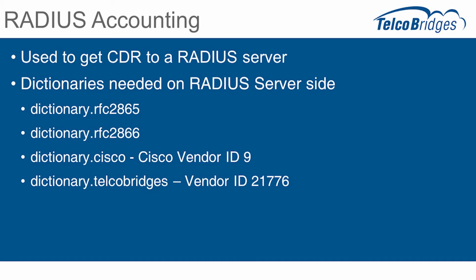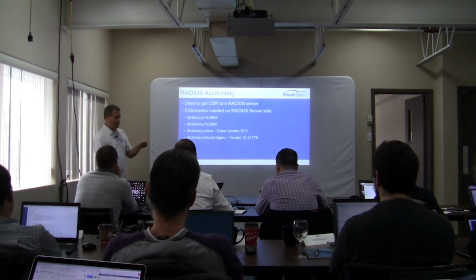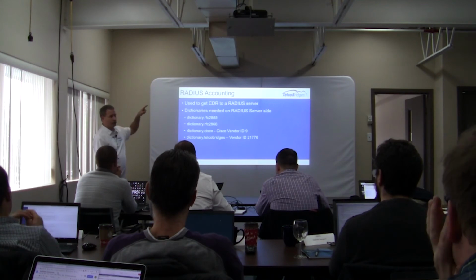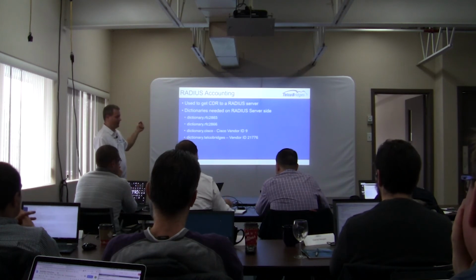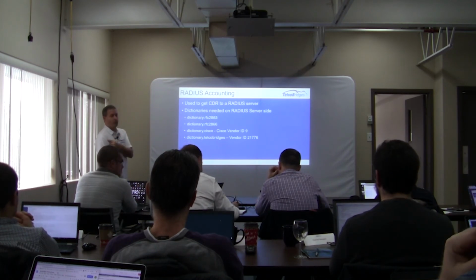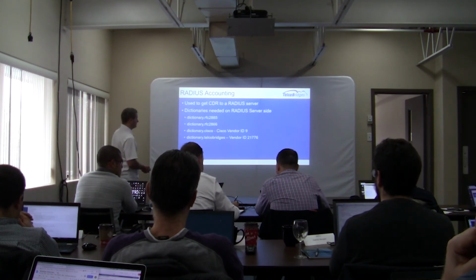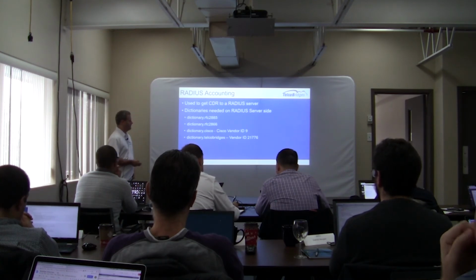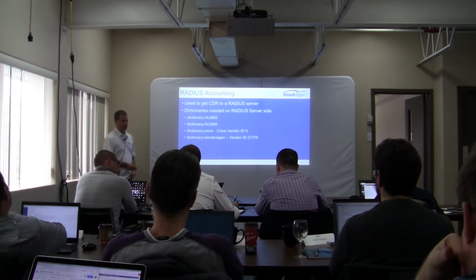And we have our own dictionary, which is pre-installed on the SBCs. On the Radius servers, you will need to give that dictionary to them. You can either extract it from the SBC or from the wiki, and then give them this dictionary, because it has some information that is not available in other ones.